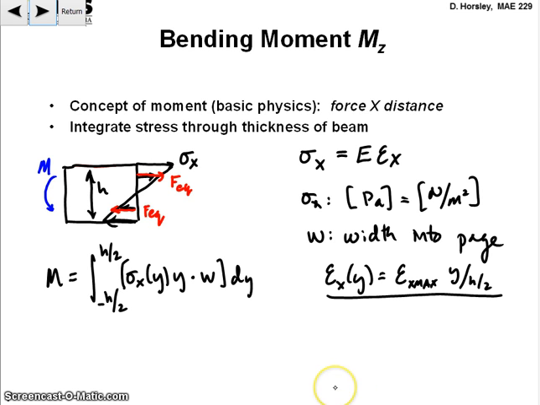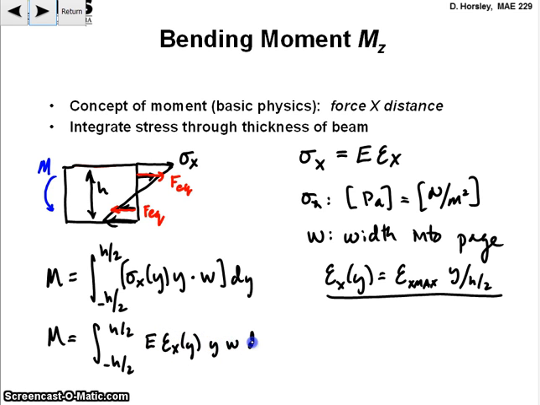That's what we know. And then we have an equation that's in terms of the stress, so we're going to use the stress-strain relationship. We rewrite this as M equal to the integral from minus h over 2 of E times epsilon x of y times y w dy.